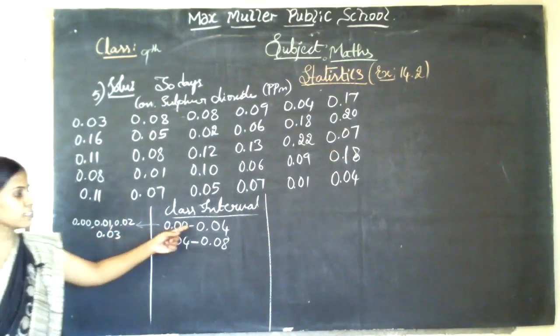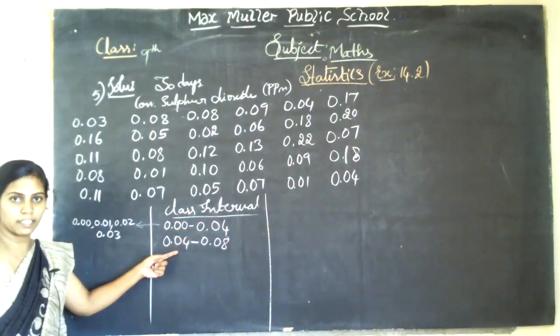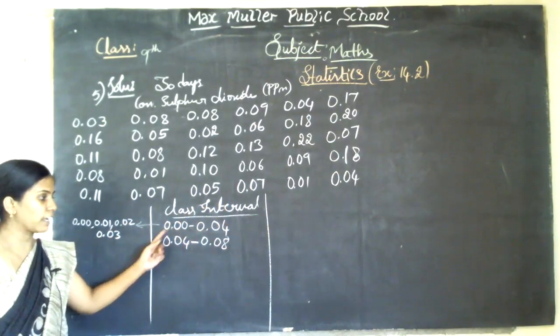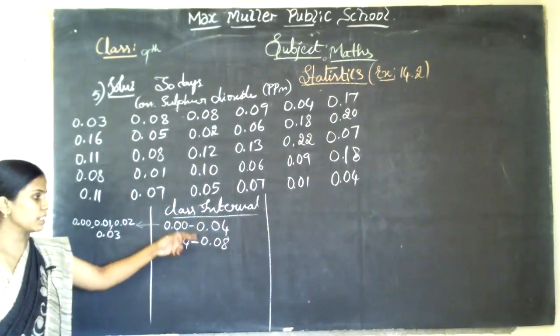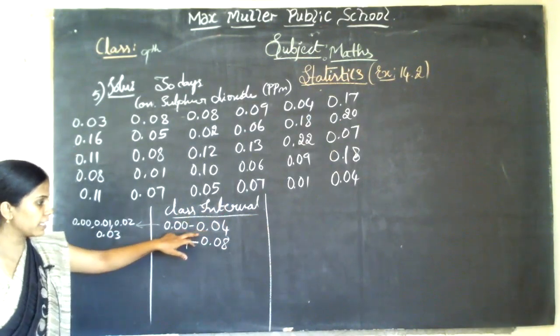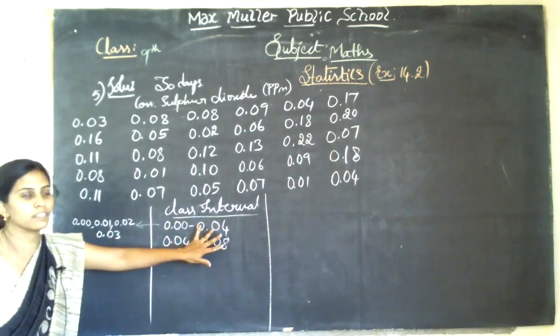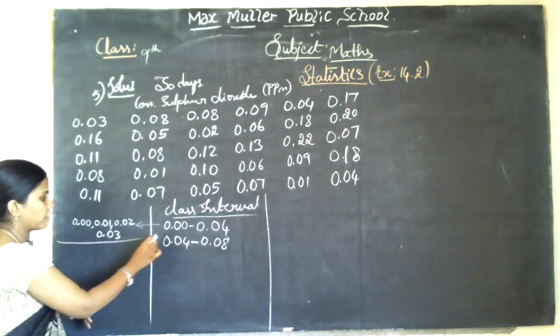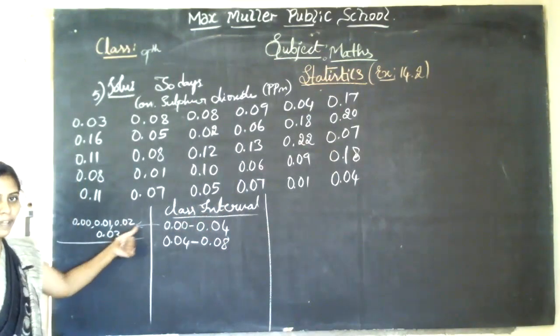Why are we not considering 0.04 here? Because anyhow we are considering that number in the second row. So don't take it here. If you take it 2 times, it will be wrong. So leave that 0.04 and take till 0.03.